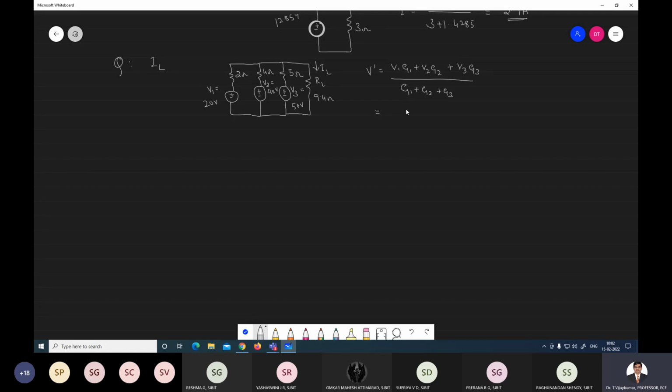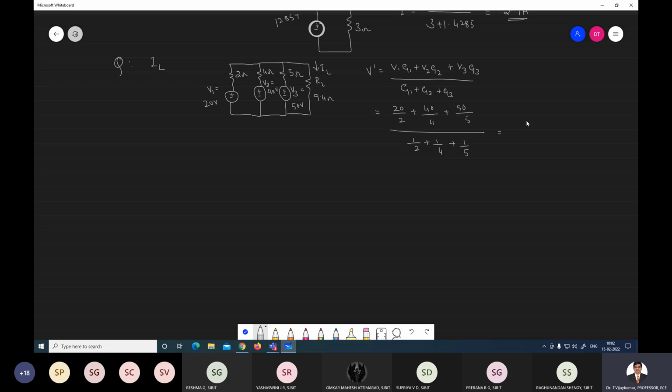That is equal to V1 is 20 by 2 plus 40 divided by 4 plus 50 divided by 5, divided by 1 by 2 plus 1 by 4 plus 1 by 5.